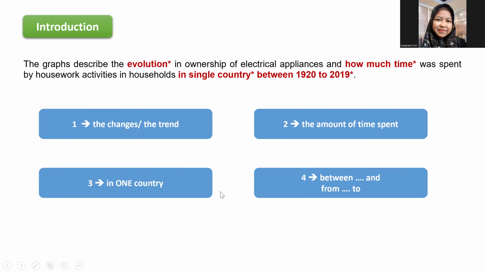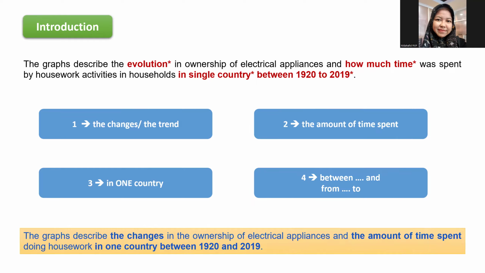Okay, so how should we write the introduction? I think you can imagine how we can write the introduction. And here it is. The graphs describe the changes in the ownership of electrical appliances and the amount of time spent doing housework in one country between 1920 and 2019.